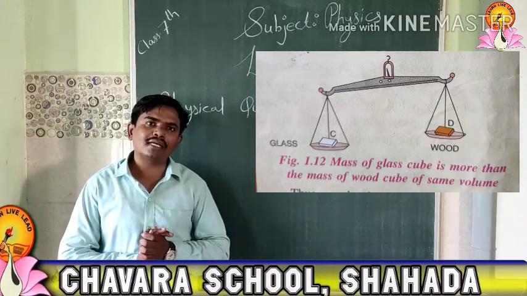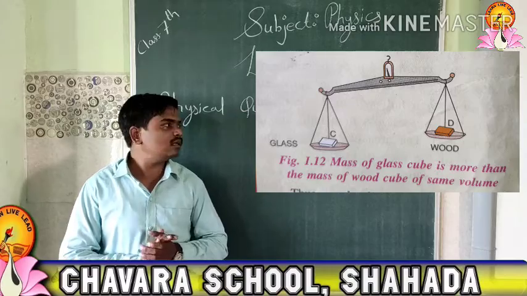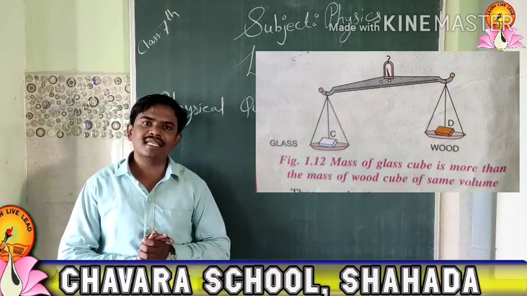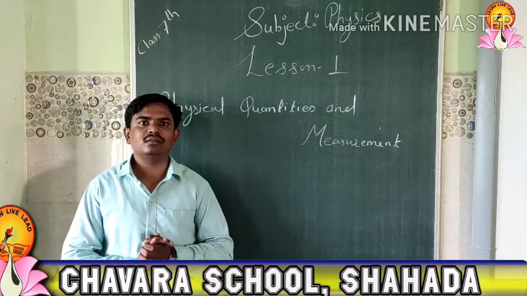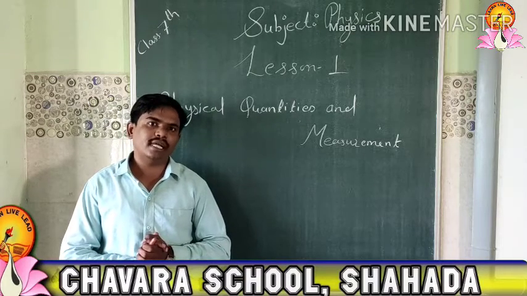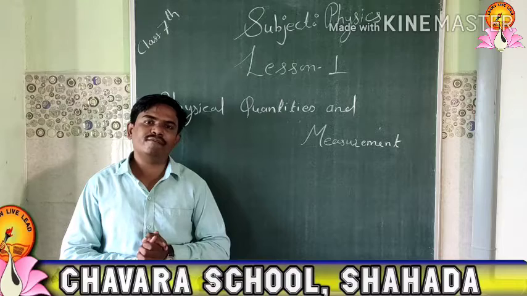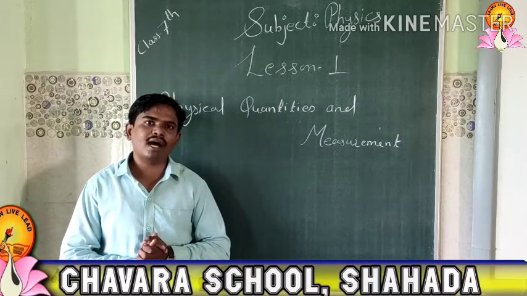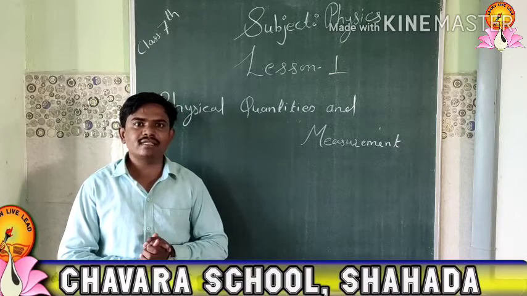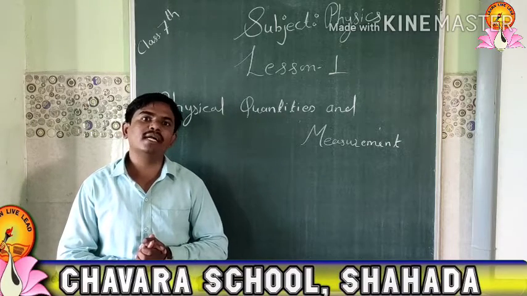Glass has more mass and it is denser than the wood. So we can say that if two objects have the same volume but different mass, the denser object has more density.